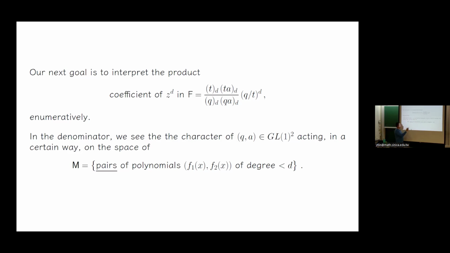So this product of 2 Pochhammer symbols is the character of a pair of Q and A, a pair of things in GL1, acting in a certain way on the functions. Now I have 2 pairs of polynomials of degree d. 1 Pochhammer symbol means polynomials, 2 Pochhammer symbols means 2 polynomials.